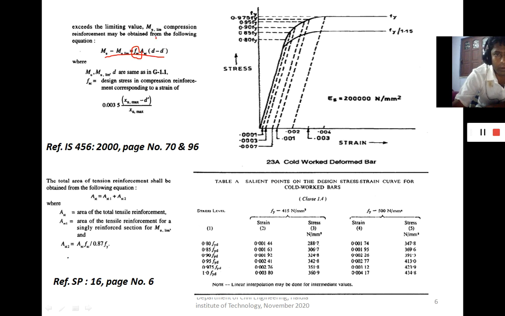The actual expression is, with Fsc the stress developed in steel, Fsc minus Fcc into Asc, Asc being the area of compression steel, into d minus d dashed.